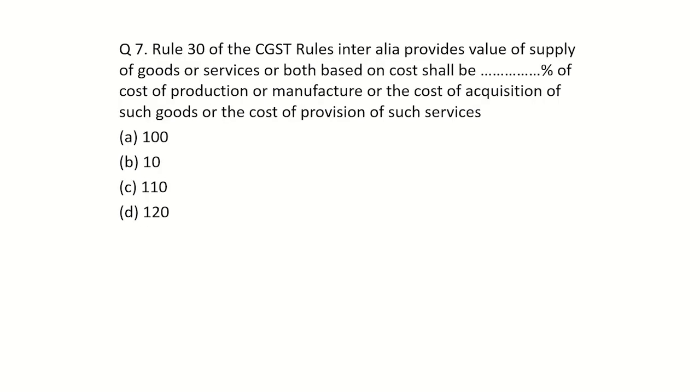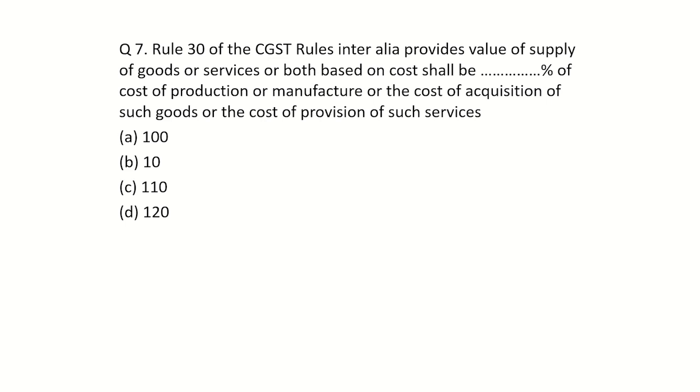Now, under the rules of valuation, Rule 30 of the CGST Rules, inter alia, provides that the value of supply of goods or services or both based on cost shall be dash percentage of cost of production or manufacture or the cost of acquisition of such goods or the cost of provision of such services.